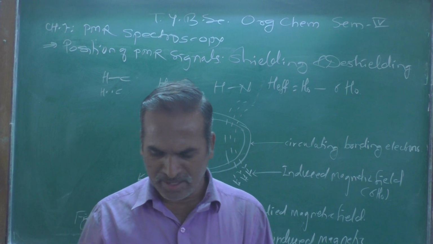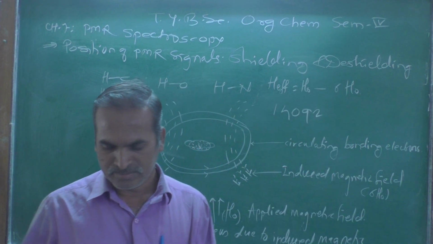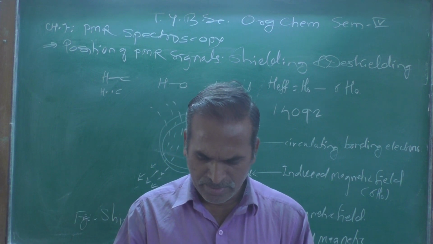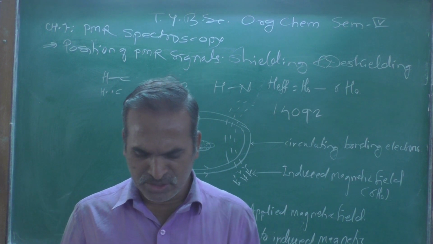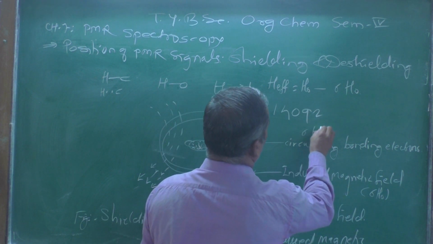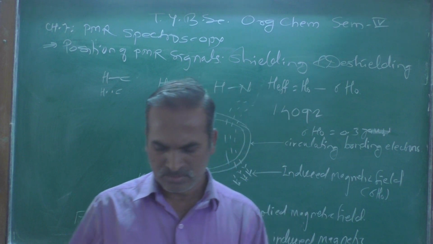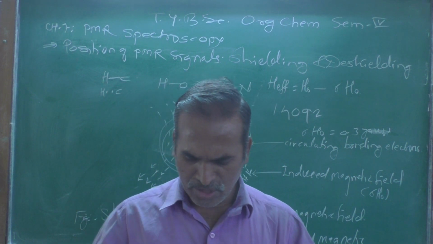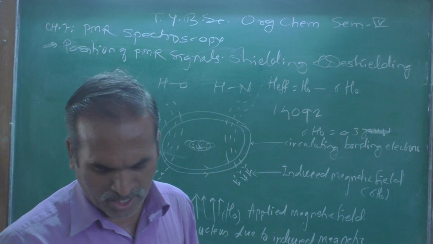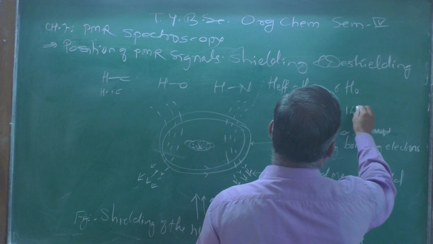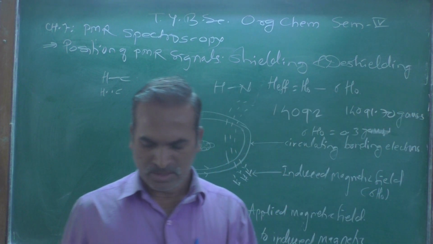If we apply a magnetic field H0 equal to 14,092 Gauss to a normal proton, the induced magnetic field sigma H0 is found to be 0.3 Gauss, and therefore the effective magnetic field is 14,091.70 Gauss.